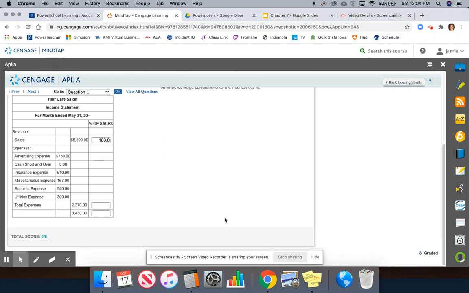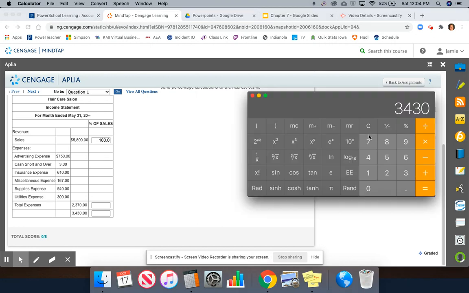Our next ratio is we want to take our total expenses, 2,370, divided by always our sales amount, 5,800. So our percentage would be 40.9, since we're rounding to the nearest tenth, 86, that would round that 8 up to a 9.